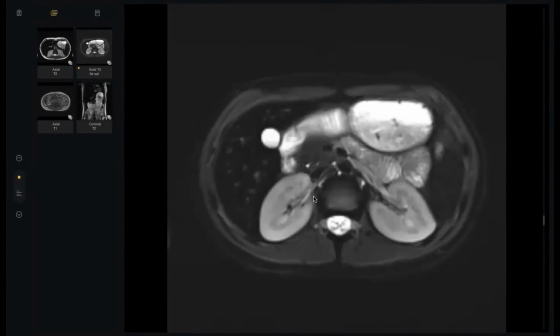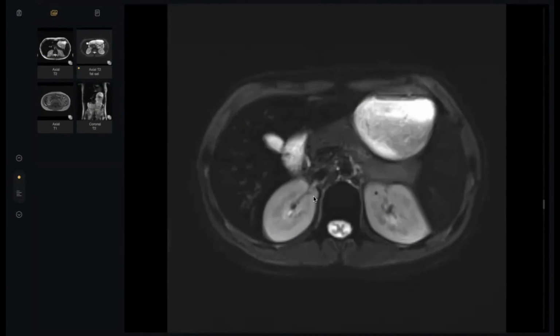What is the best sequence, doctor, to detect iron quantitatively? If you wanted to measure iron by numbers in MRI, which sequence would you use? I think gradient sequence. What else? I'm not sure. T2 star.